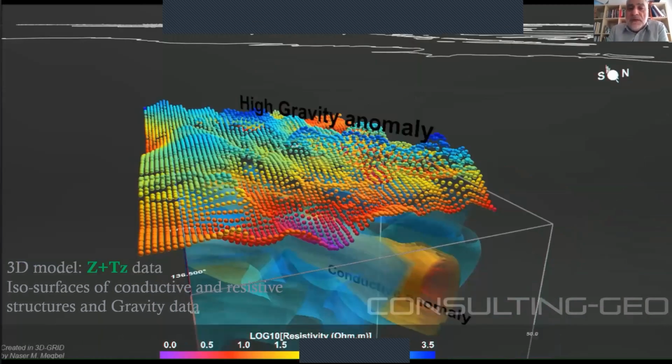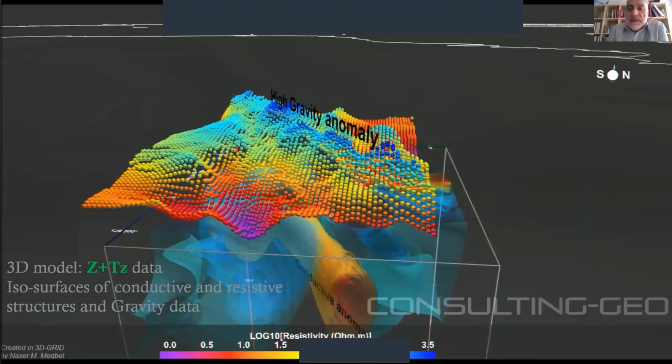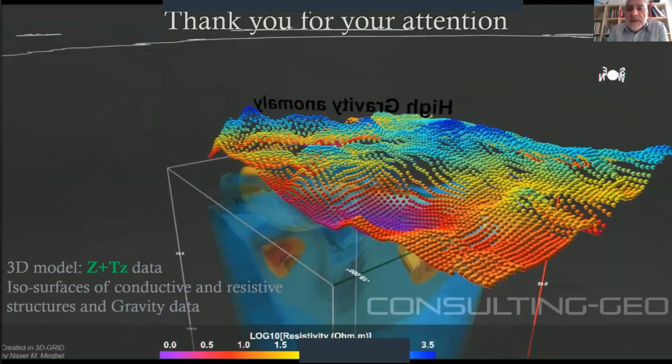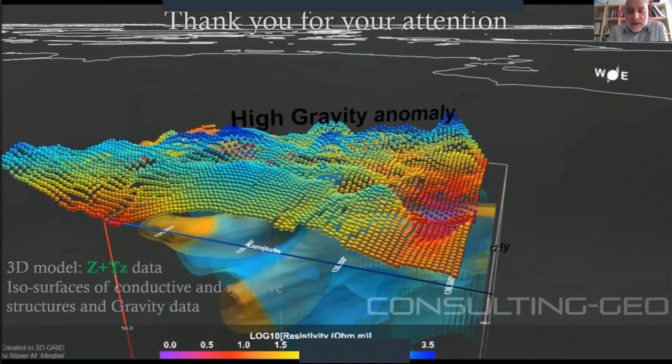I usually use some criteria from the data in order to discretize the subsurface, something like the skin depth, and seeing what is the lowest apparent resistivity in the data. Based on that, I can discretize the model in the vertical and horizontal directions.